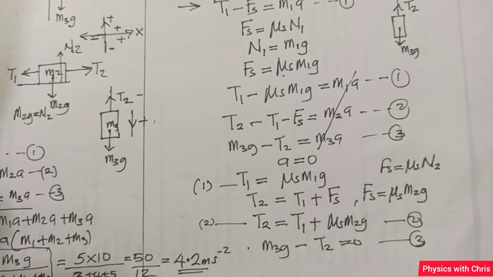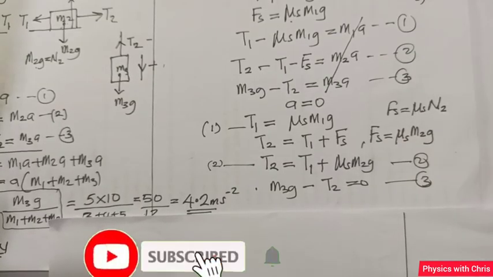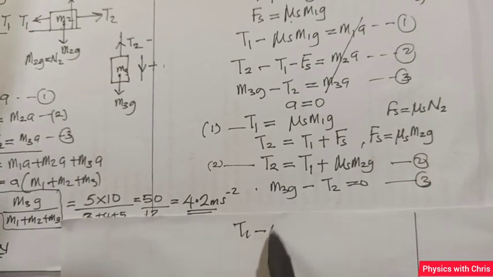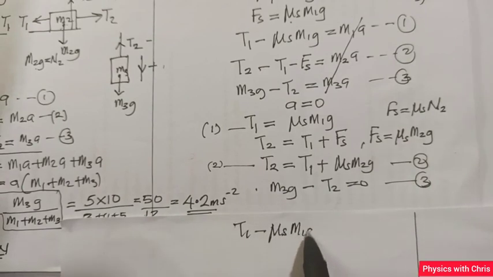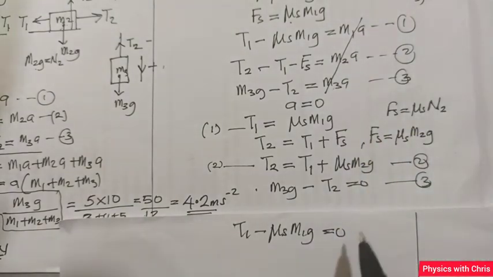So what do I do here? Do I add them together so that I can find the answer? Or I can rewrite the three equations again. That's T1 minus mu s M1G equals 0. I've already said the acceleration in the three equations will all be equal to 0.